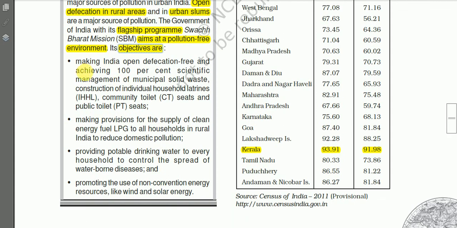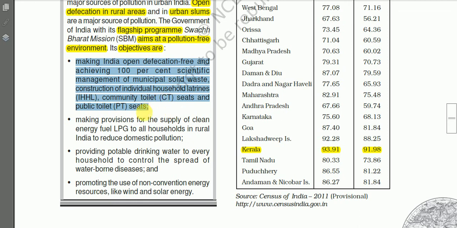So the first objective is making India open defecation-free and achieving 100% scientific management of municipal and solid waste, construction of individual household latrines, community toilet seats, and public toilet seats.